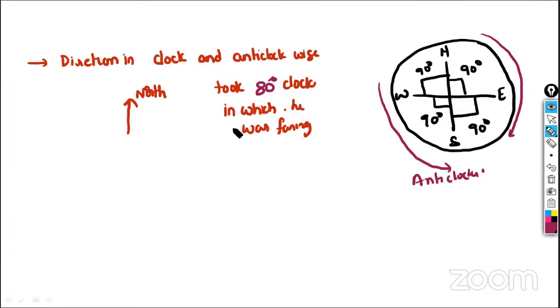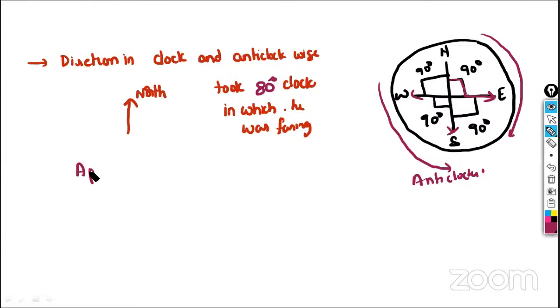So with an exact 90-degree turn, he is facing east. Suppose exactly 180 degrees clockwise, that means he is facing south. So 270 is west, right.